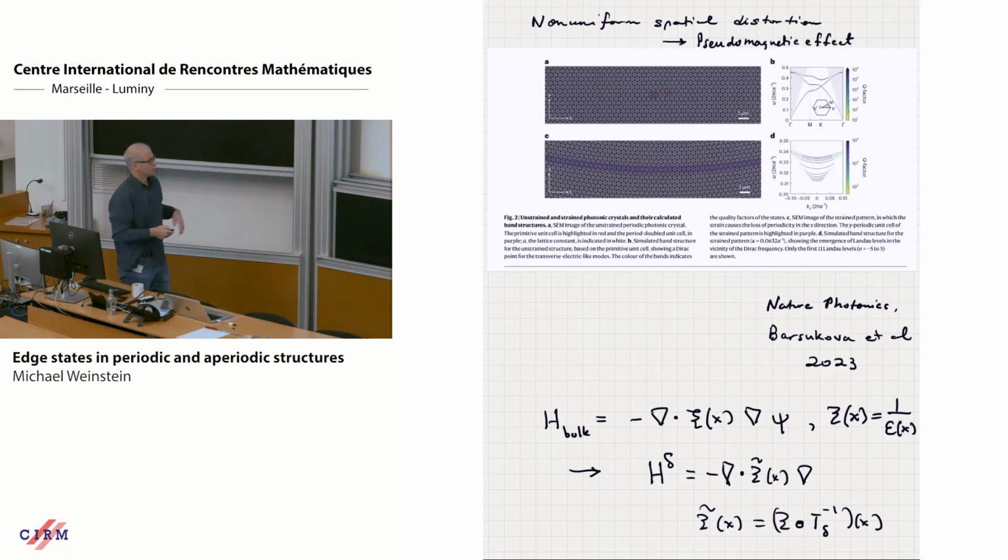And one of the things that one can derive in this setting is, here this was done for TM. For TM, Maxwell has a so-called pseudo-magnetic effect. So here the bulk structure, the unperturbed bulk structure, is just a div grad, where C here is 1 over epsilon, the dielectric constant, and the deformed structure is C tilde, where C tilde is C composed with some non-uniform deformation.